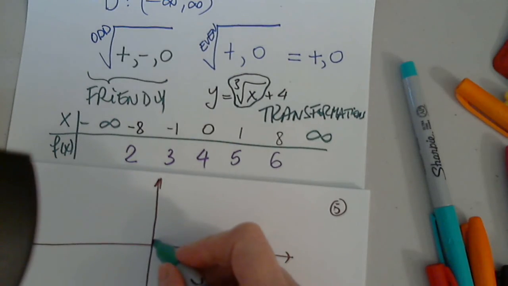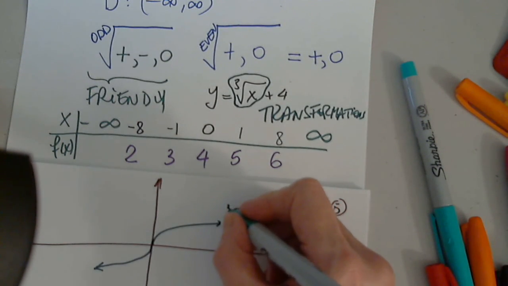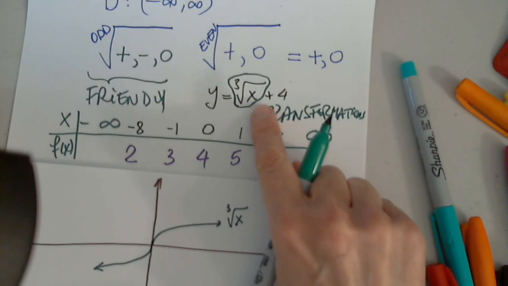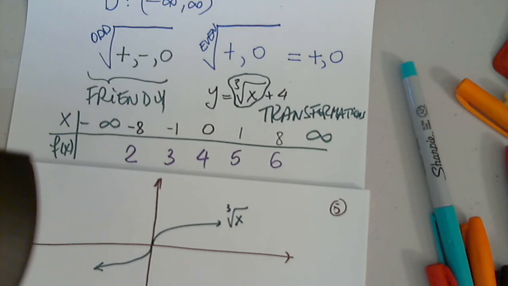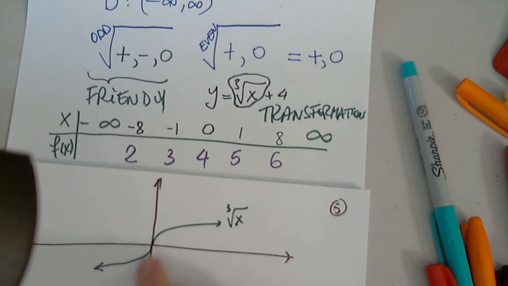And we know the graph of the cube root. We should remember it. So this is simply the cube root of x. But I don't have the cube root of x. I have the cube root of x plus 4. What does the plus 4 do to the original base function? Does it shift it to the right?